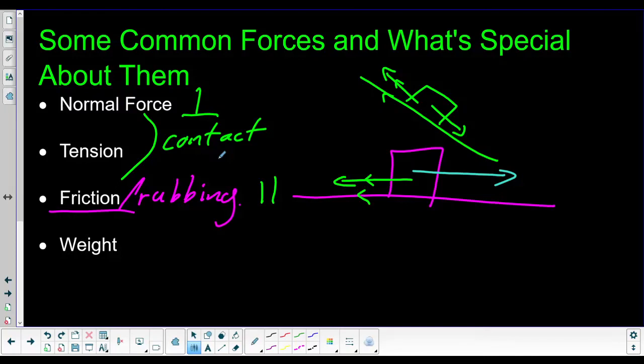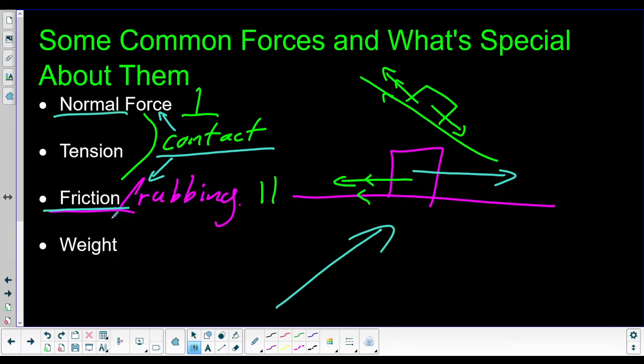Because so often we care about the vector components of a force. We care about the direction a lot. Most of the time, we will break this contact force up into the perpendicular piece and the parallel piece because it just makes problems easier. So usually we'll leave the normal force and the friction separate.